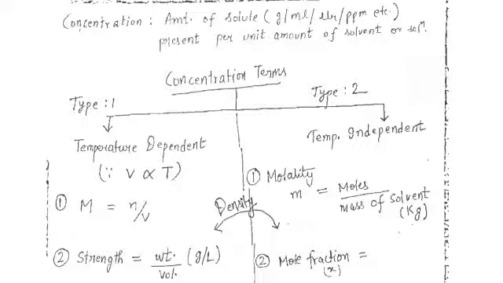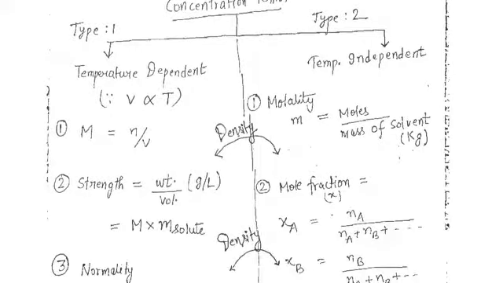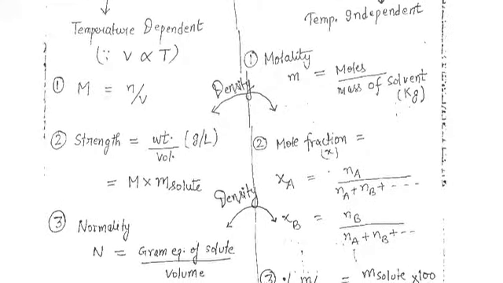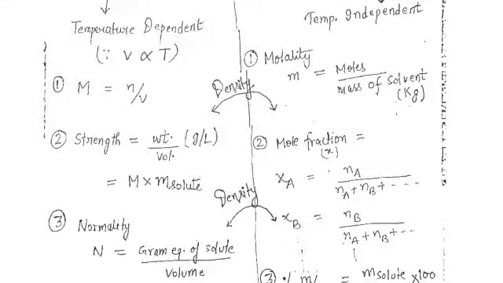So on the left hand side, type 1 concentration terms are nothing but volume dependent, or say a function of the volume.